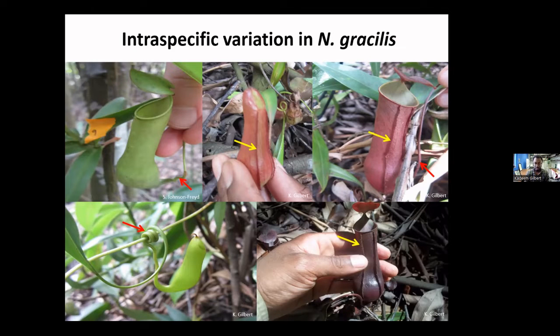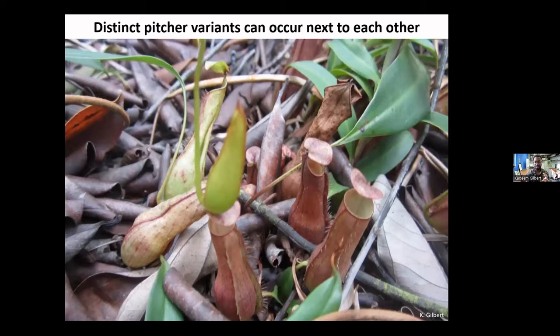But even better than that is the fact that these different variants of pitchers can grow right next to each other in the field. So this lends itself to a nice, simple in principle, natural experiment.